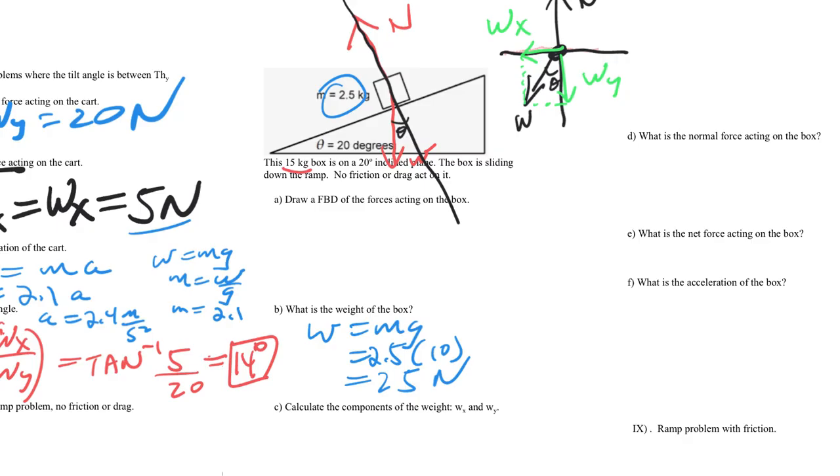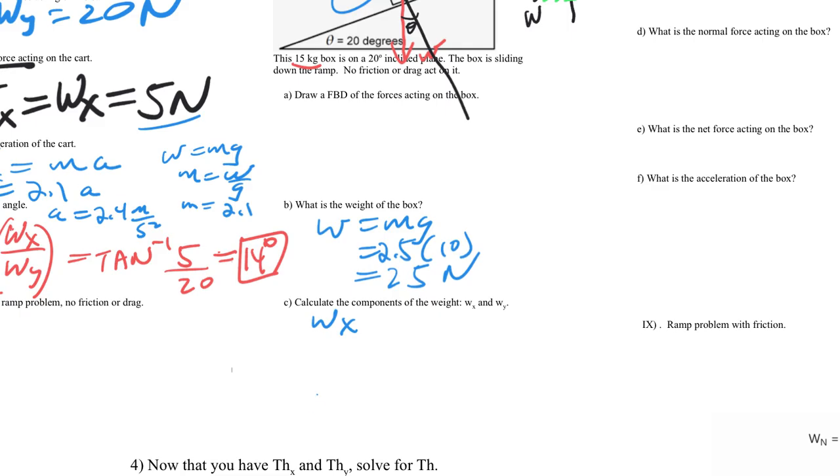Calculate the components of the weight. Okay, wx and wy. Now, be careful, because you gotta realize that the ramp angle is the same as the angle between the y-axis and the slanted force, in this case, the weight. And so the trig equations I give you on the equation sheet only apply if the angle is from the x-axis. So we have to do a flip.